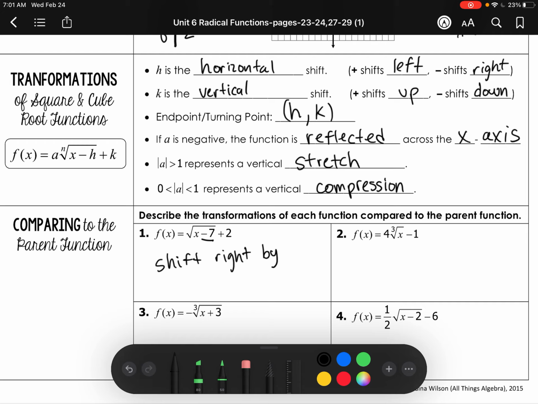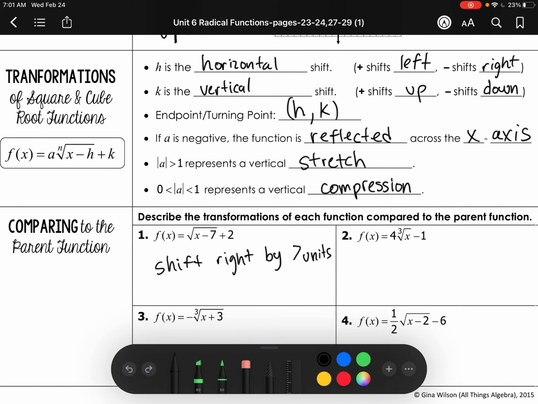And it's going to be by 7 units, right? Next we have our k here. And we know that when k is positive, it's going to be a shift up. And it's going to be by 2 units, right?